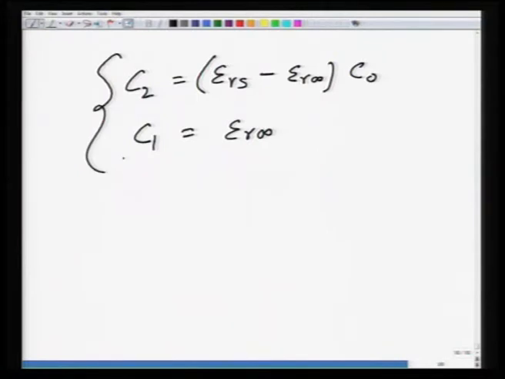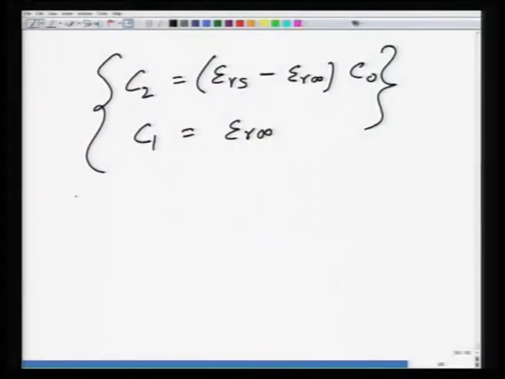Under this condition, those two equations which we have seen on the last slide are nothing but your Debye equations. So this gives us a very nice way of modeling a dielectric material as an electrical circuit.